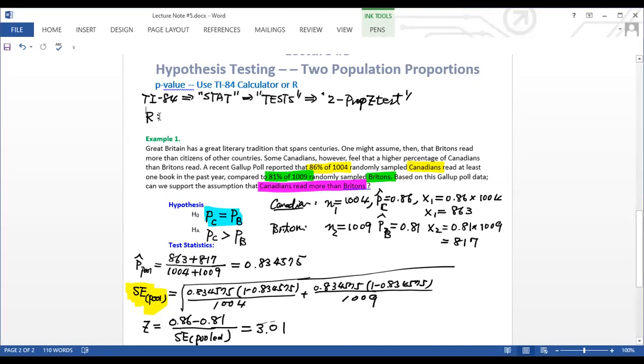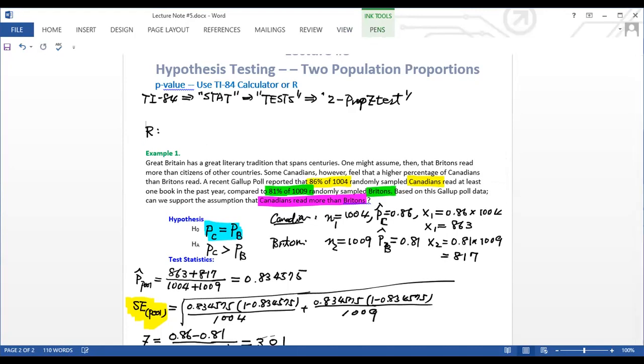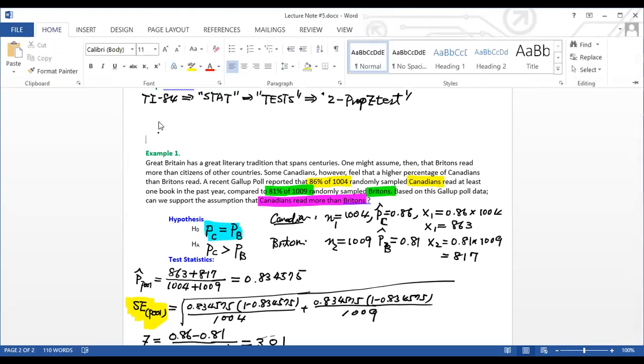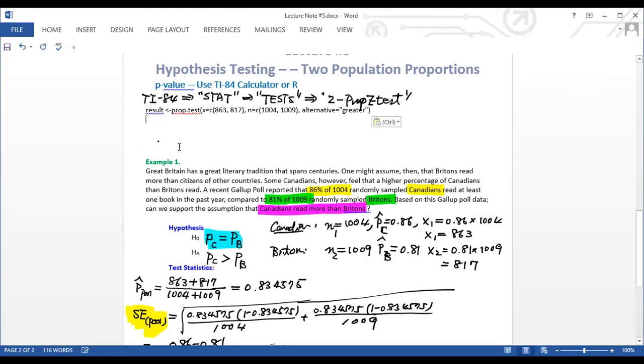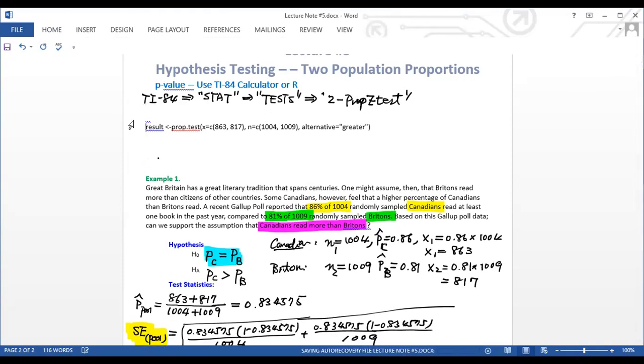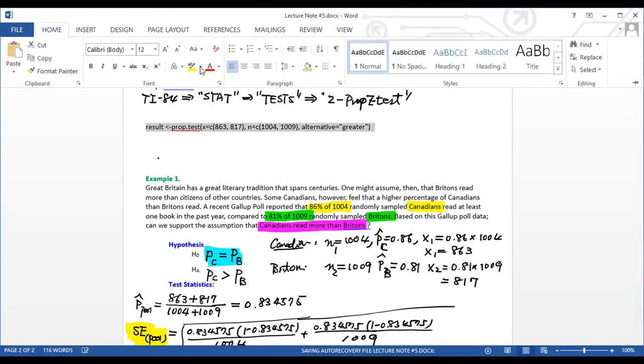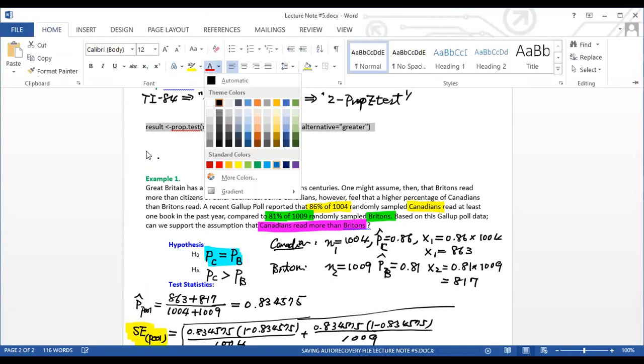This is my R code here. Let me color that blue, so it's better for you to visualize.